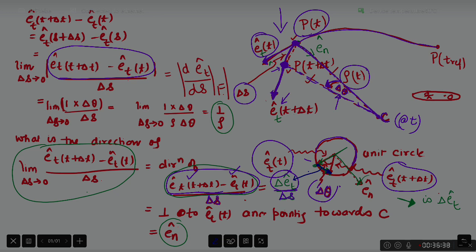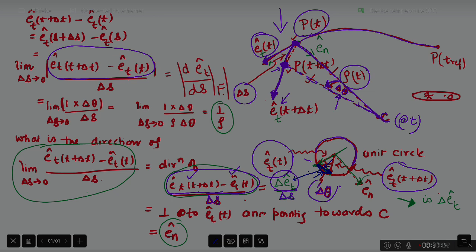Now when delta theta is finite, the magnitude of this vector, which I am showing with blue color here, will be somewhat different from this arc length. However, when delta theta goes to 0, it is reasonable to expect that the length of this vector will become more and more close to this arc length, right?